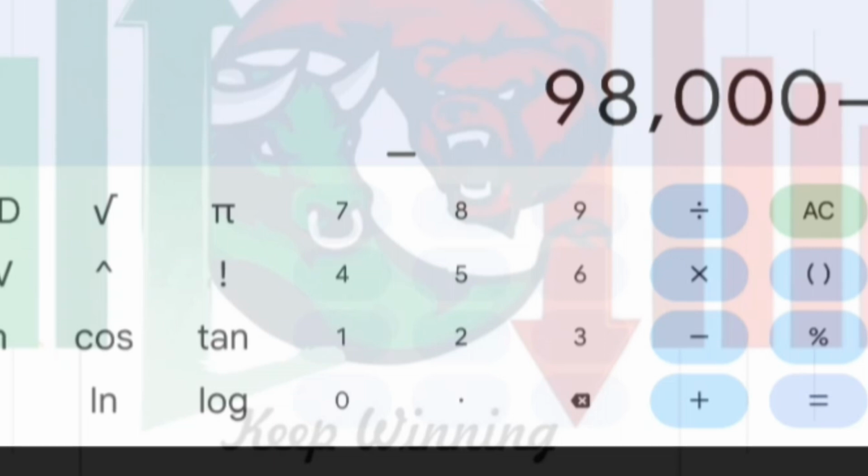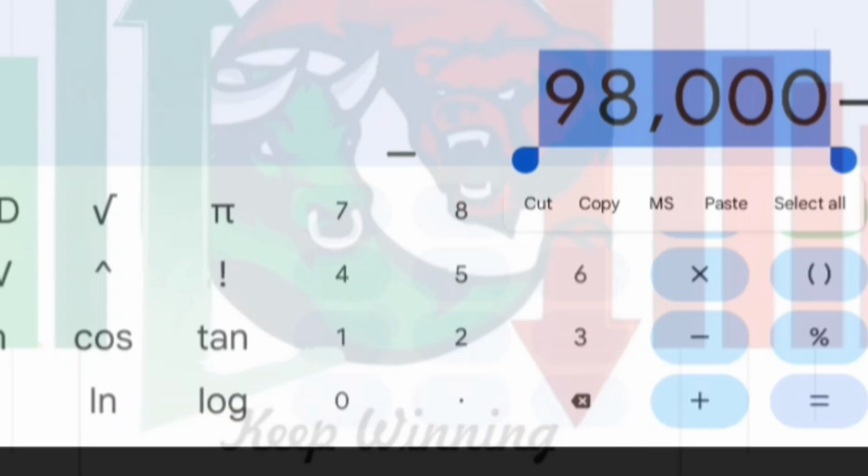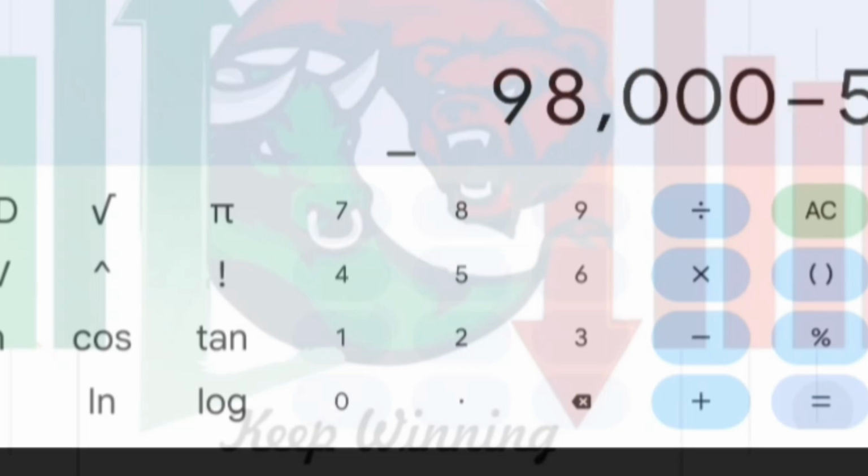So your balance is 98,000 US dollars. Sorry guys, so balance 98,000 US dollars. So if you are now at 98,000 US dollars, you now got 3k in between. So 3k divided by 5 trades.